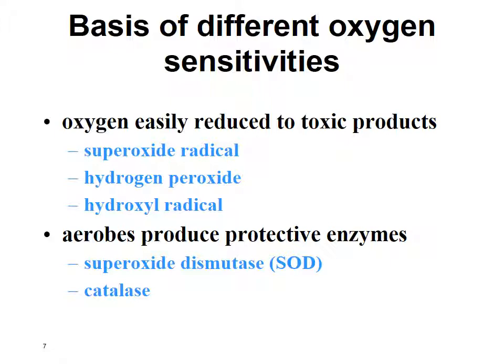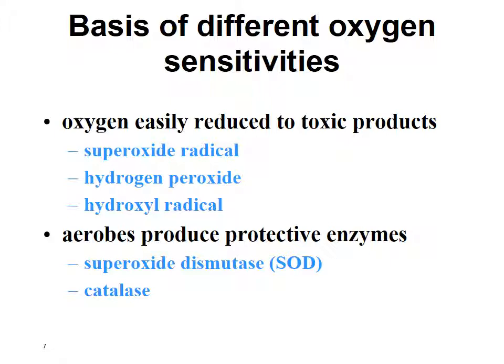Collectively, these toxic oxygen products are referred to as reactive oxygen species, abbreviated to ROS. These products of oxygen reduction are extremely toxic because they oxidize and rapidly destroy cellular components. So a microorganism must be able to protect itself against these toxic oxygen products, or it will actually die.